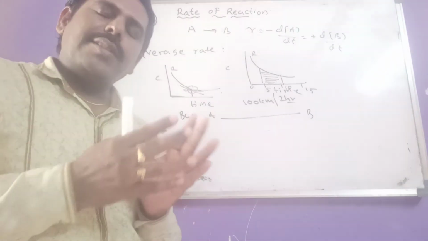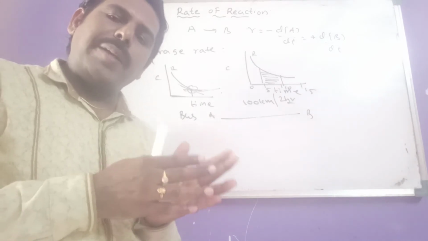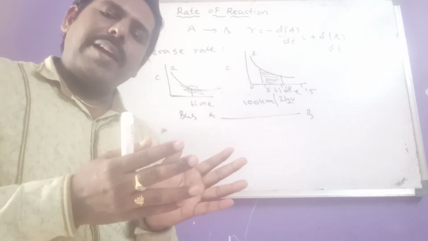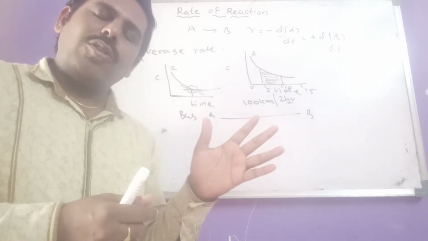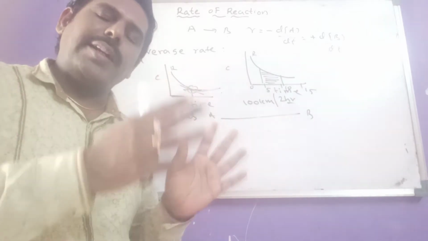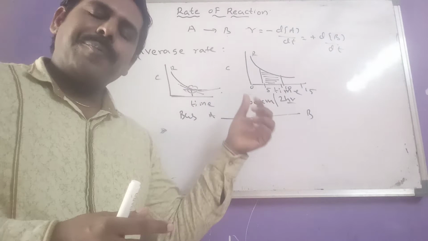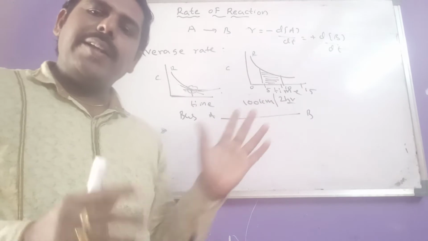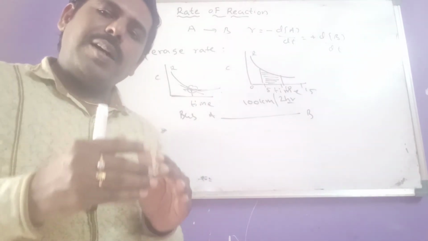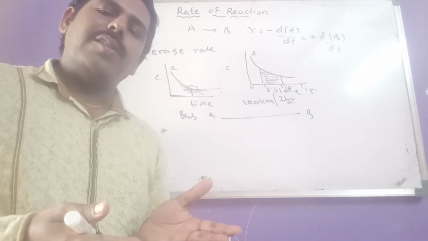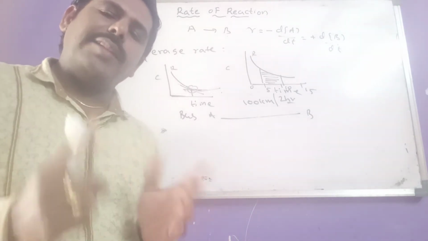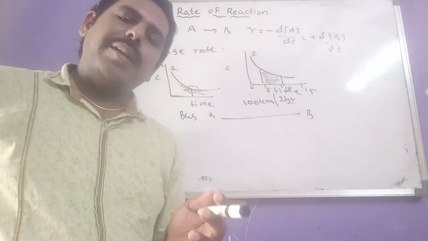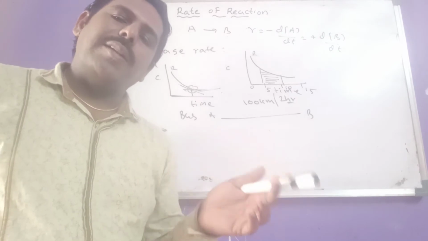In some areas the speed of the bus might be 10 or 20 kilometer per hour, but in some areas the road is totally empty, so the bus may travel at 80 kilometer per hour also. So the average speed is 50 kilometers, but the bus velocity at an instant may or may not be 50. Like that, average rate and instantaneous rate of a chemical reaction also may or may not be the same.